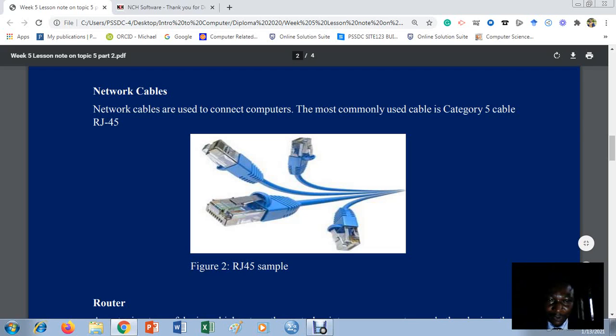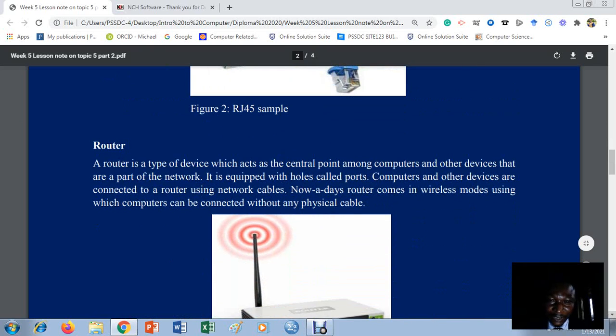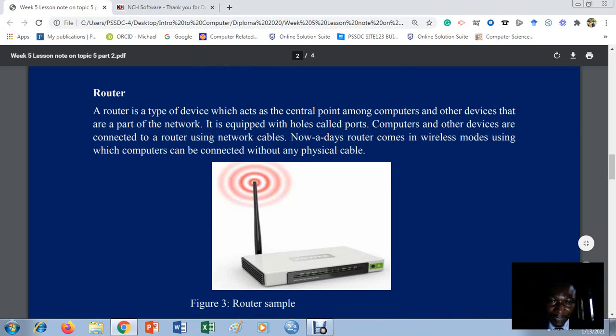Network cables are used to connect computers, and mostly we use category 5 cable. We call it CAT5, C-A-T, 5. It means category, which means we have category 6, we have category 7, and we won't be going into details on why we call them category. We are yet to do that.